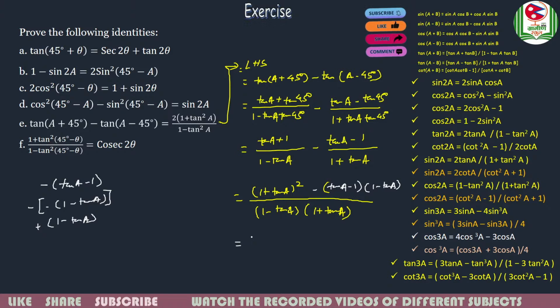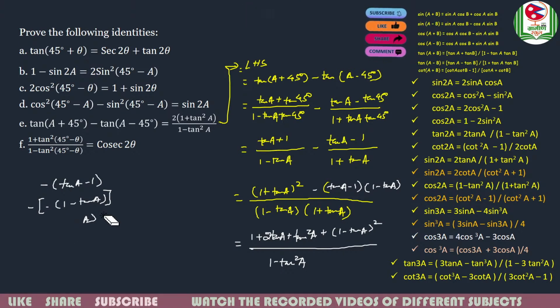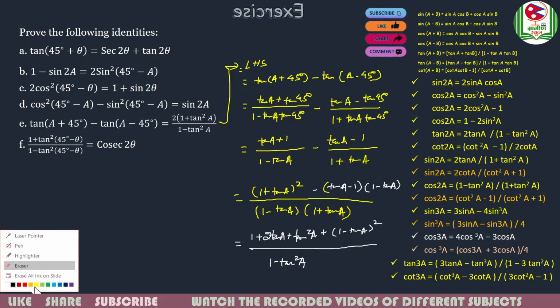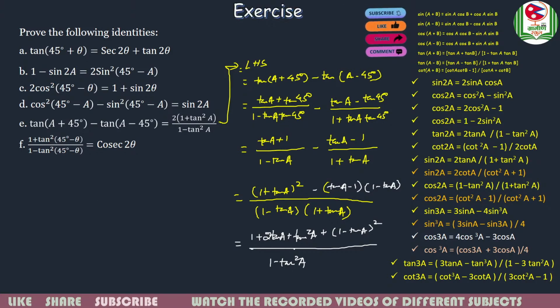So let's write in the next step, that is we also expand this one. So 2 tan a plus tan a square, okay, and this one is plus 1 minus tan a whole square upon 1 minus tan a square. Now we also have to expand this one, 1 minus tan a whole square.